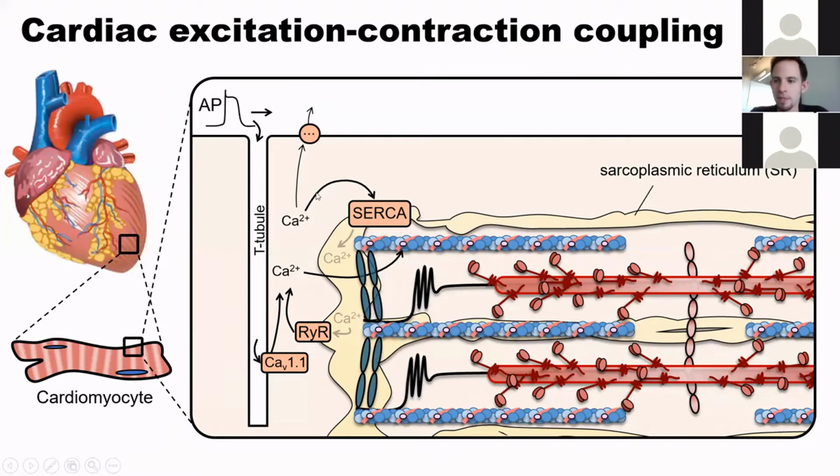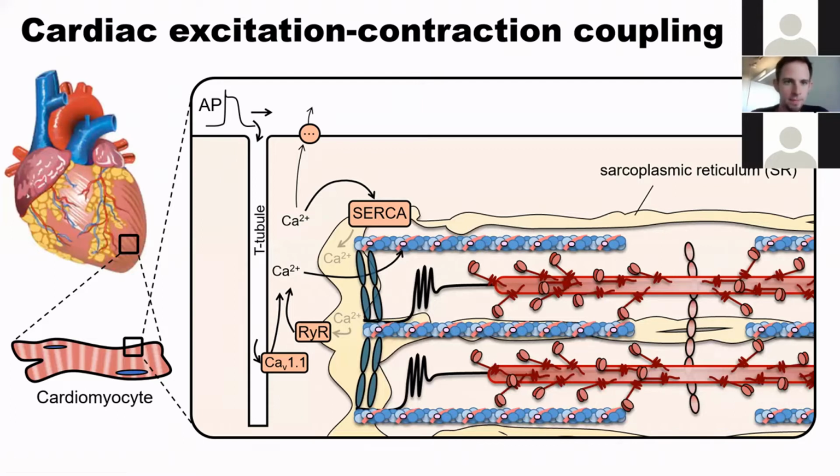While some of it is pumped out into the extracellular space, the majority is going exactly where it came from, namely the sarcoplasmic reticulum. That's caused by the activity of a calcium ATPase called SERCA. And once enough calcium is removed, the heart relaxes, the chambers refill with blood, and the whole cycle can start all over again.